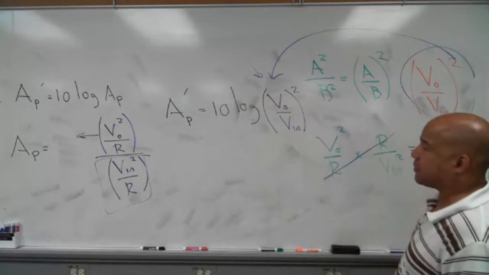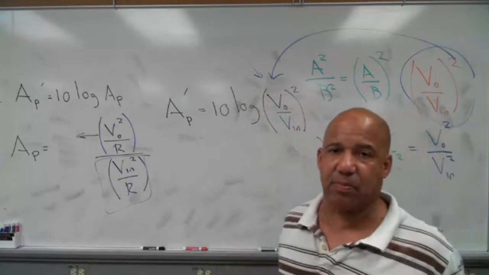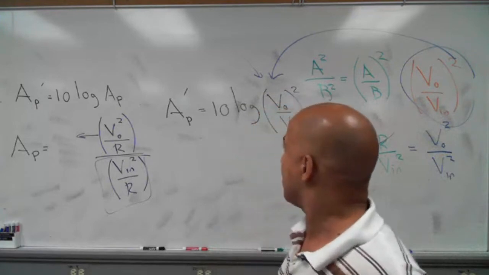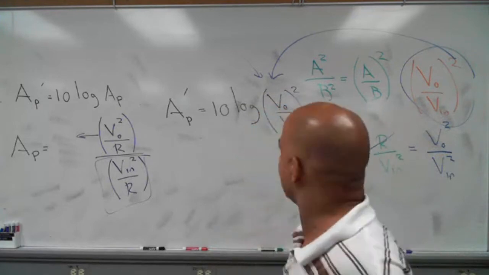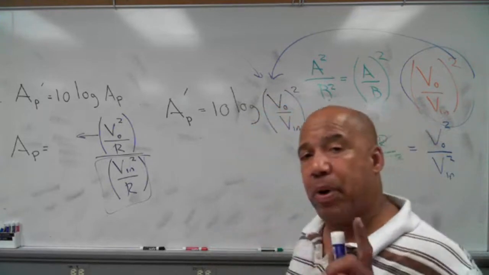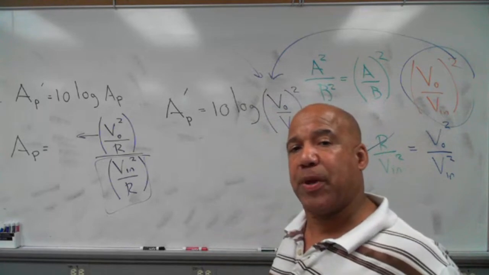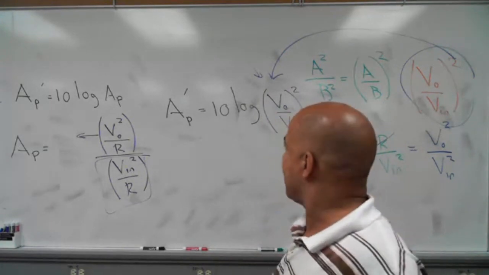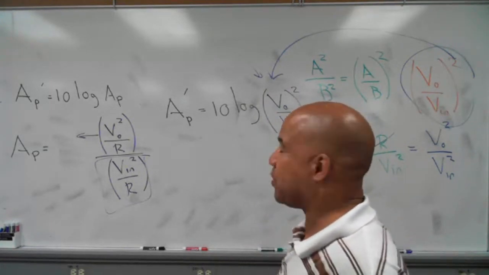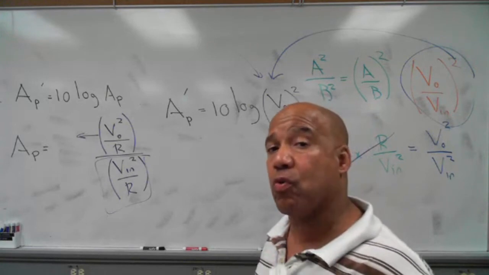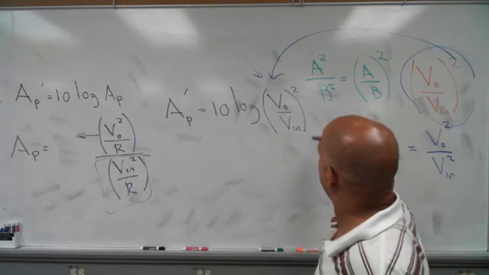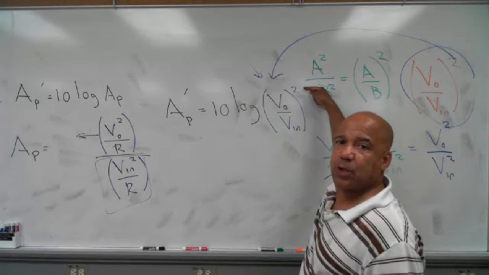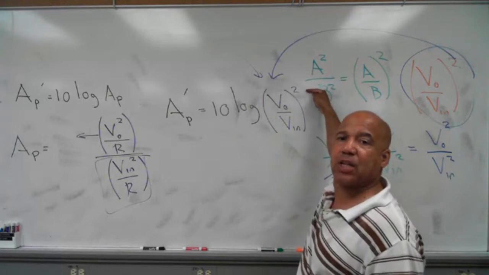If you follow all the steps, everything we did is mathematically valid. But if you remember your logs, some people forget about their logs. You get good at other stuff in algebra, but you forget about logs. One rule when you're doing the log: if I have an exponent right here, what can I do with that exponent?